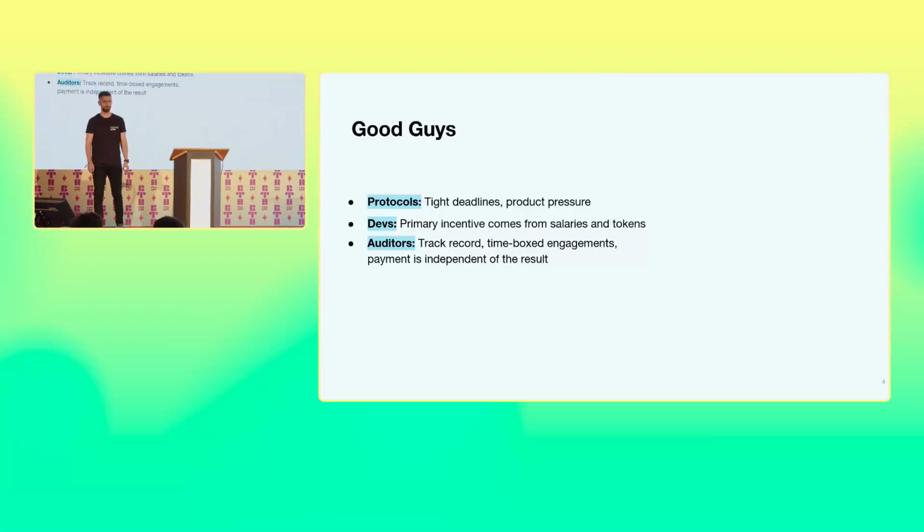Audits are usually brief and time-boxed engagements, and the payment is usually independent of the result. Again, we have an incentive problem here. And another problem that we should think about is it usually takes months, and in some cases, years, to correctly assess the quality of an audit.